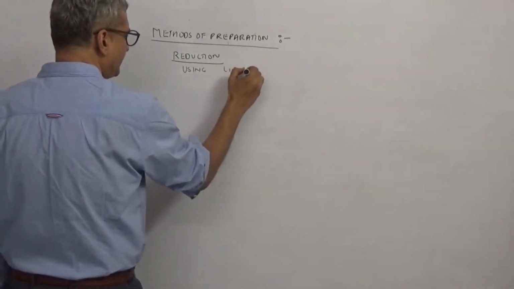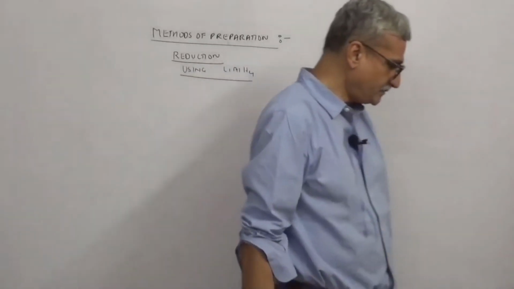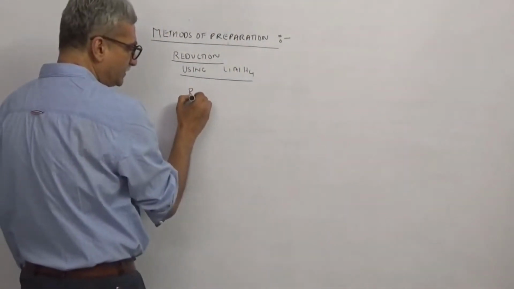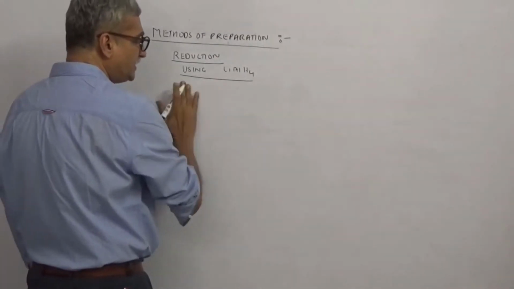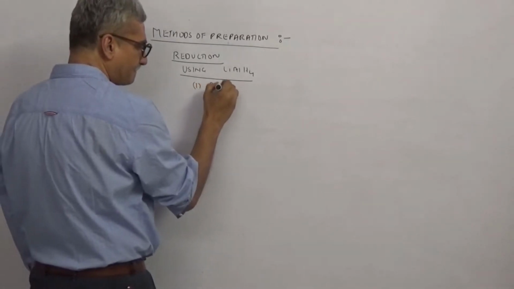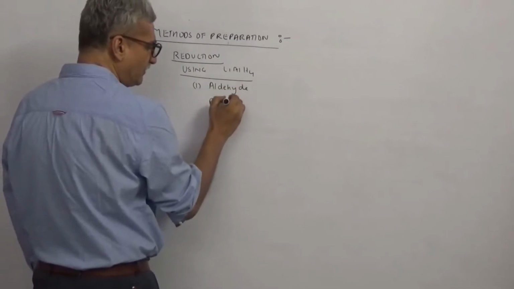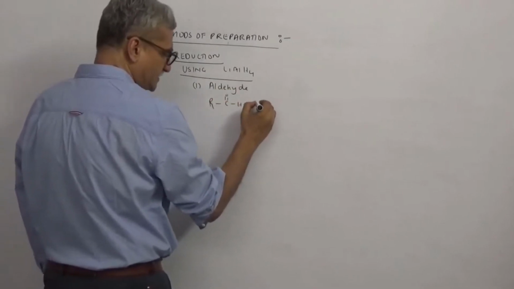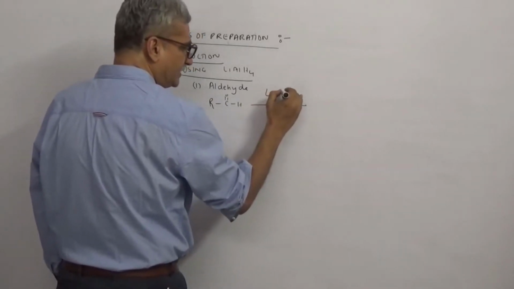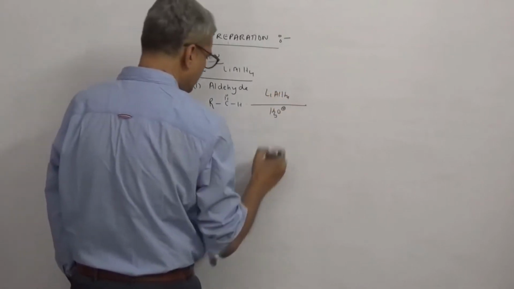Lithium aluminium hydride, LiAlH4. See what happens in this case: when you take an aldehyde, RCHO, what are the things you can do using lithium aluminium hydride? First, reduction of aldehyde. You react it with lithium aluminium hydride, LiAlH4, in presence of ether, and then you hydrolyze this in presence of acid.